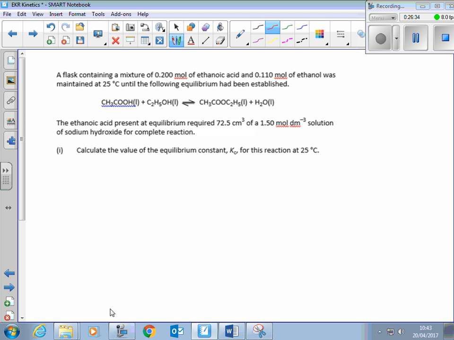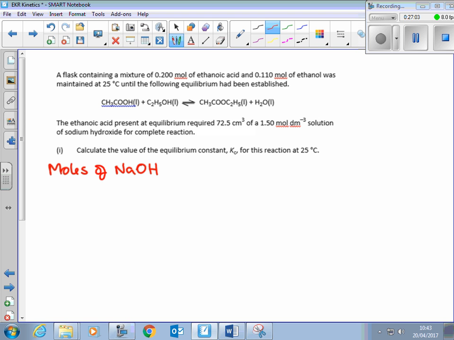All right, we've been told how much sodium hydroxide was used, so that's probably a good starting point, isn't it? If we do moles of sodium hydroxide, we'll be able to work out how many moles of acid were left at equilibrium. Then we'll be able to work out how much reacted. So moles of sodium hydroxide, well, what are the moles of sodium hydroxide? What were we told?